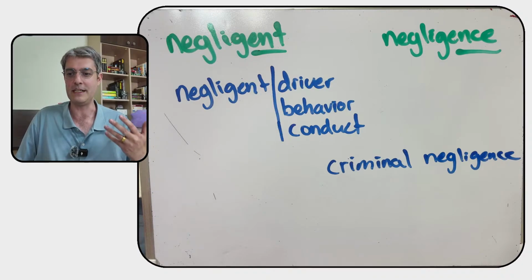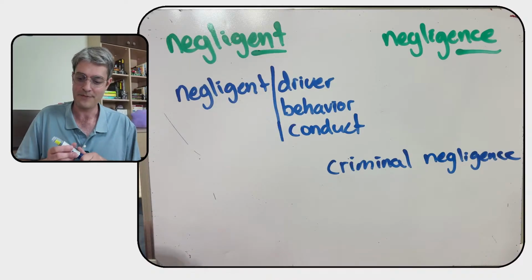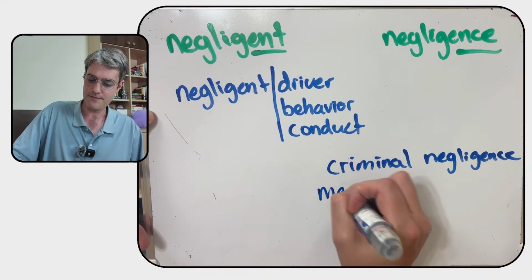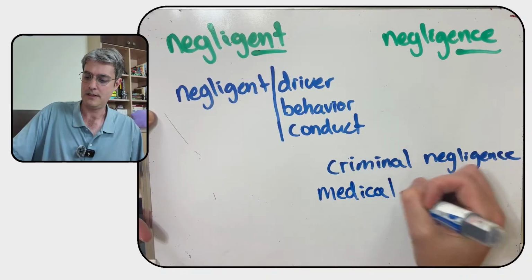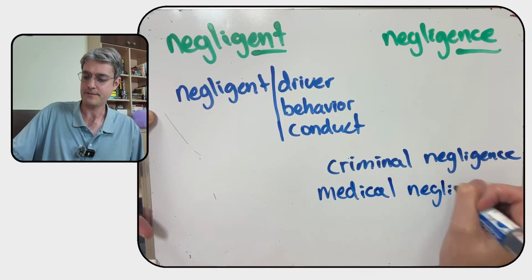Criminal negligence would be doing something like leaving a baby in a hot car or having a dangerous dog and it's not on a leash or chain outside your house, right? That is criminal negligence. Another one you'll read about is medical negligence.